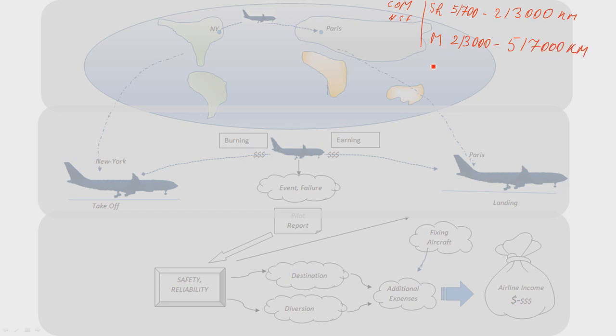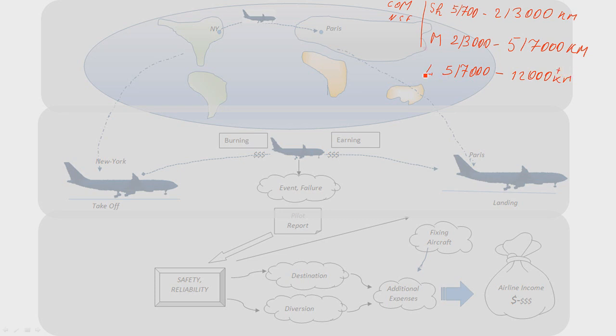And long range, we have 5,000, 7,000 kilometers to, let's say, 12,000 plus. Plus means 13, 14, 15,000.